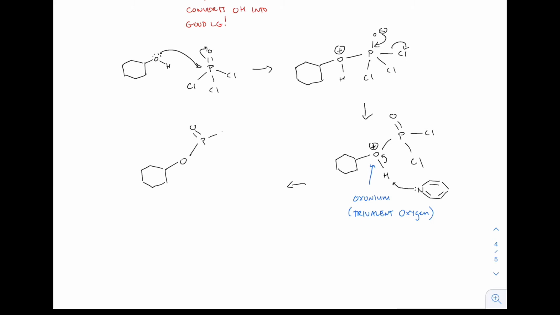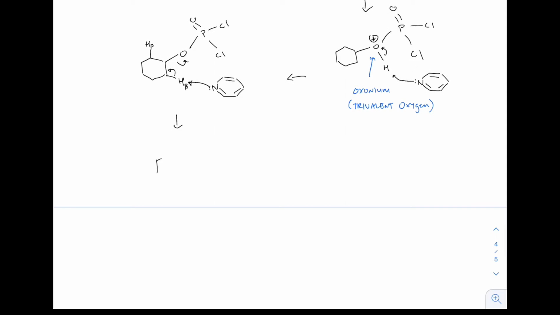So what we end up getting is this neutral species here, but now what we have is this beta proton on either side. They're symmetrical in this case. We just need to draw them always to make sure that we're making the right products. That removes that beta proton and kicks off that leaving group, which I said, remember POCl3 does make it a better leaving group, and it leaves as OPOCl2 minus, okay?